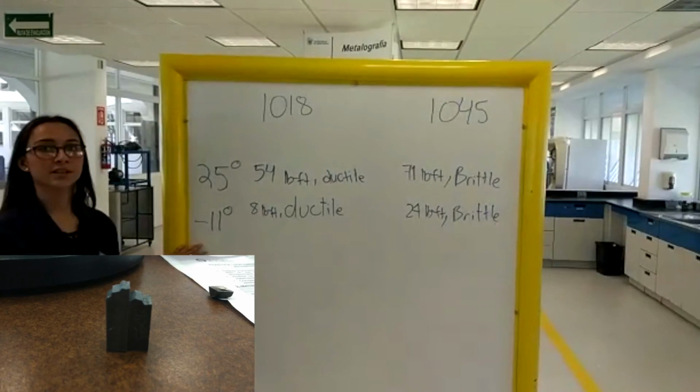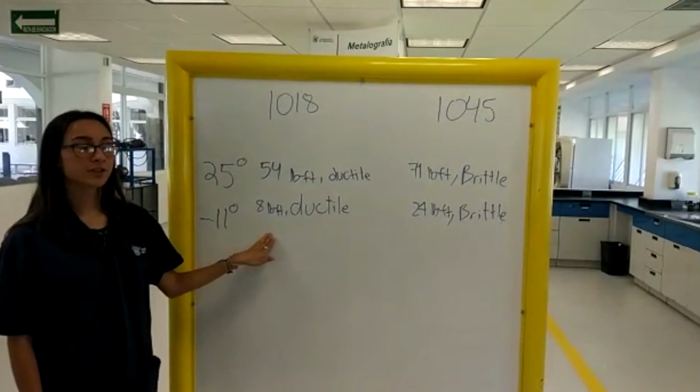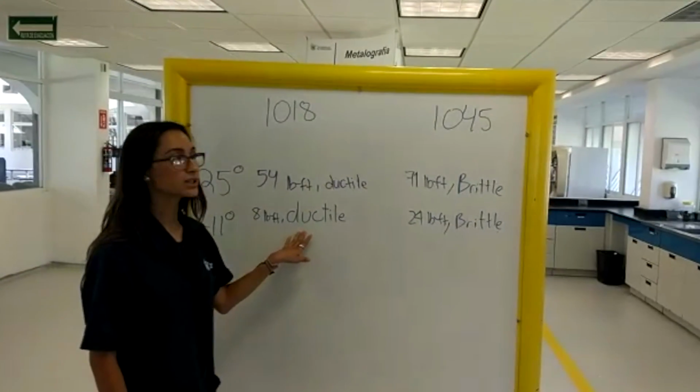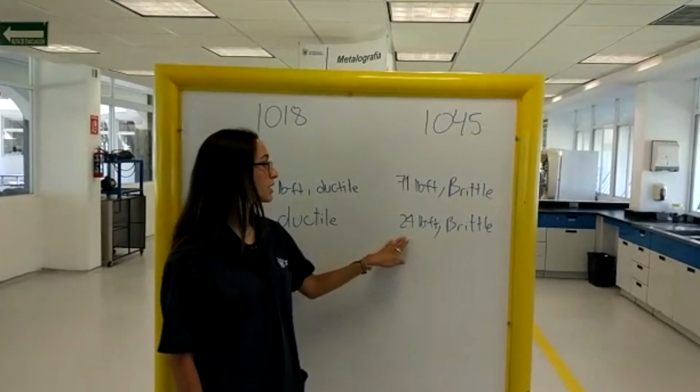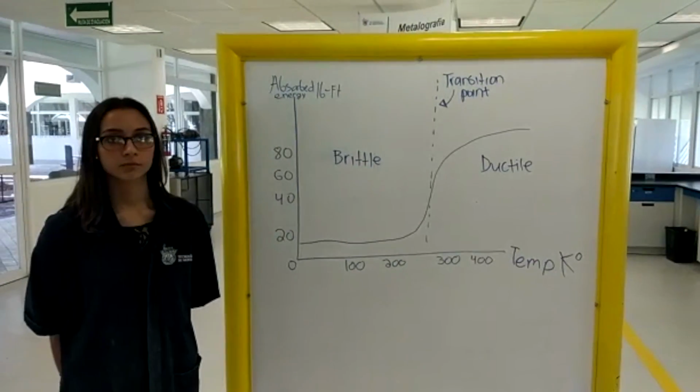At minus 11 degrees, for steel 1018, the absorbed energy was 8 pounds-feet, and it was also ductile. And for steel 1045, the absorbed energy was 24 pounds-feet, and it was brittle.